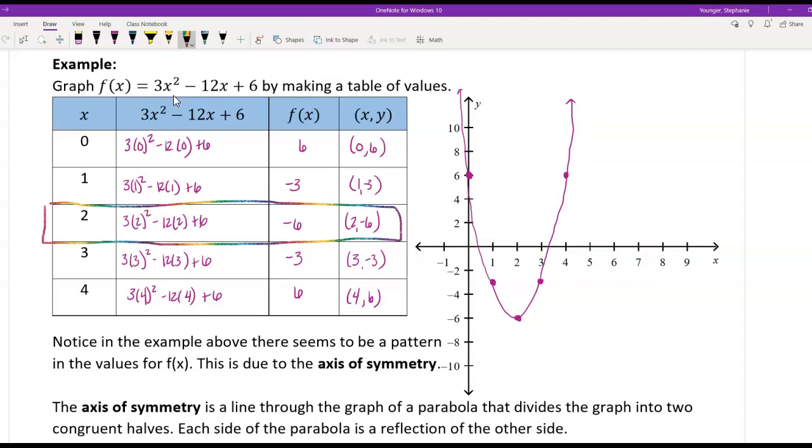The axis of symmetry is this invisible line that cuts our parabola directly in half, so that both sides, when folded in, will fold onto each other. In this case, our axis of symmetry is the equation x equals 2.